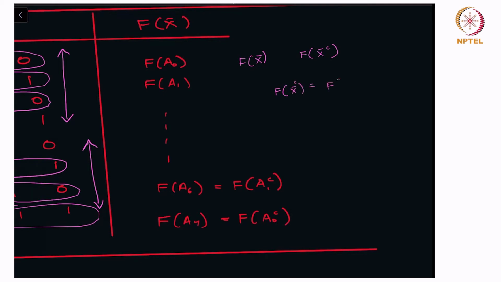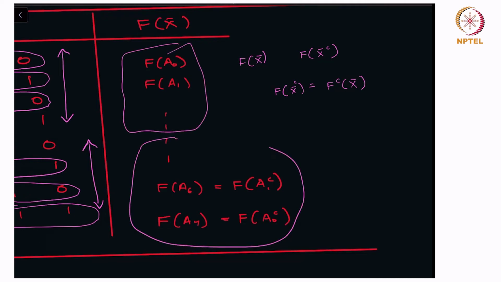So now if you are saying that by the self-dual property, f of x vector complement is the complement of f of x, then what you are saying is that whatever comes here will just be complemented here in the second half of the truth table, right?